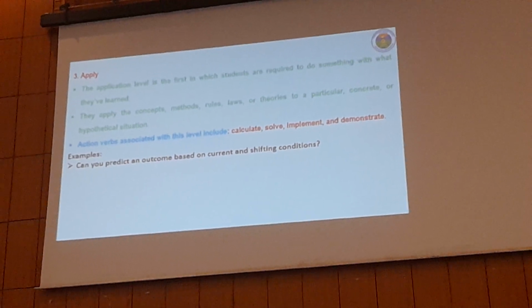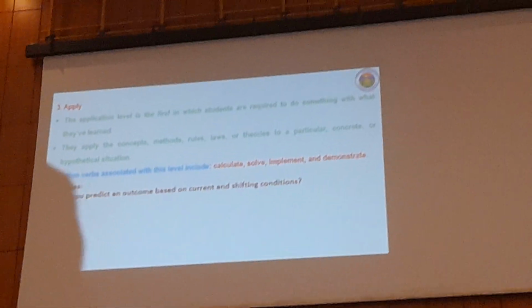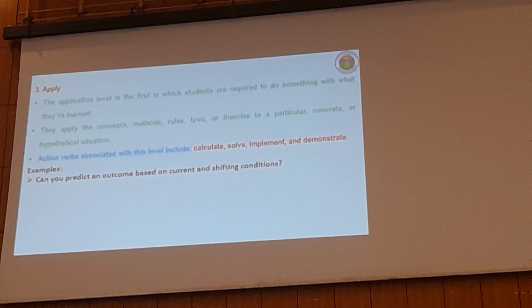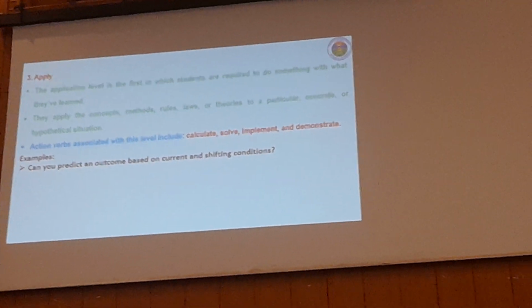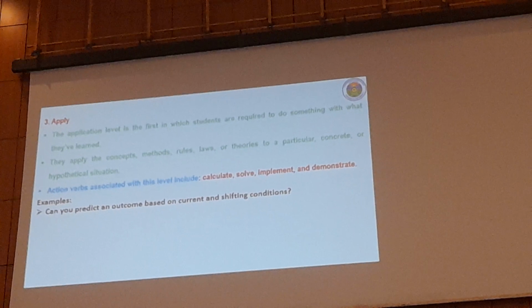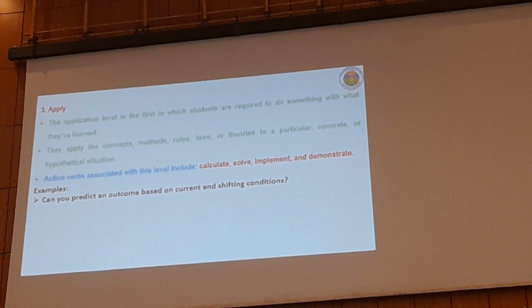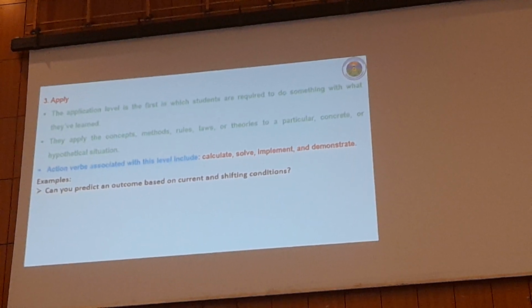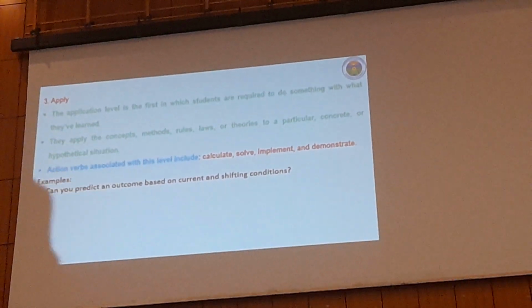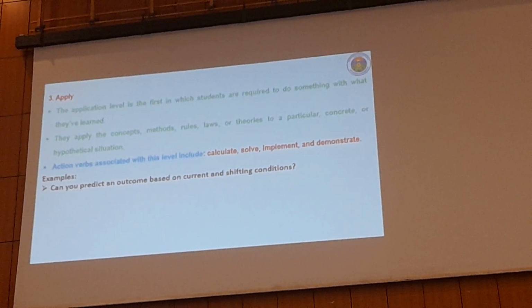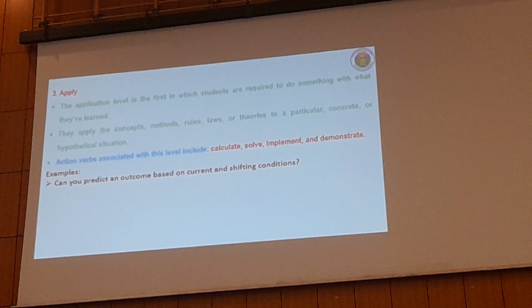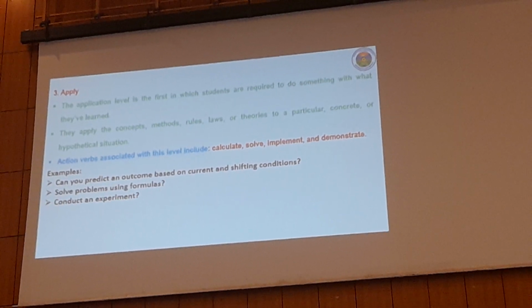They apply concepts, methods, rules, laws, or theories to particular content in concrete or hypothetical situations. There are action verbs you can find for that, such as using and predicting the outcome based on current and shifting conditions, or any related issues.